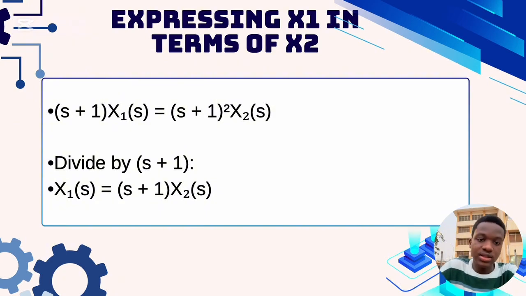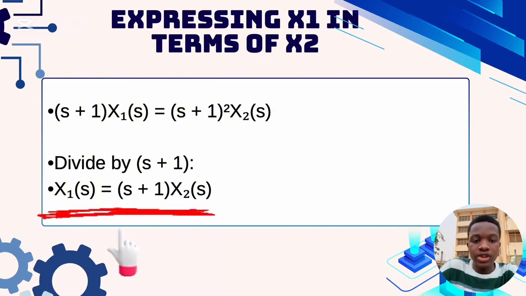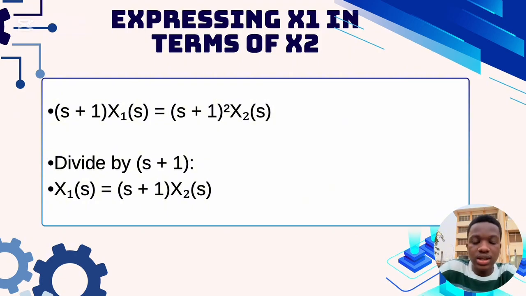This gives X1 of s is equal to s plus 1 multiplying X2 of s. This result is important because it allows us to eliminate X1 of s from our system of equations. Instead of solving two simultaneous equations directly, we reduce the system to a single equation in terms of X2 of s.